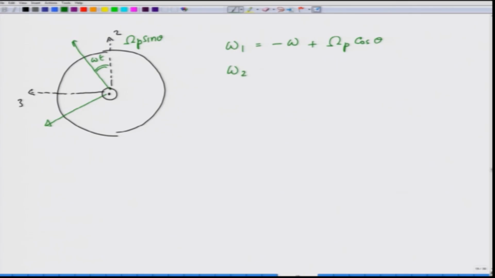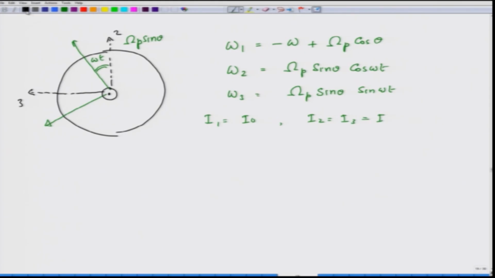Omega 2, which we have written as omega p sin theta cosine of omega t, and omega 3, which is equal to omega p sin theta sine of omega t. I1 I am taking to be I0, I2 equals I3 equals I.